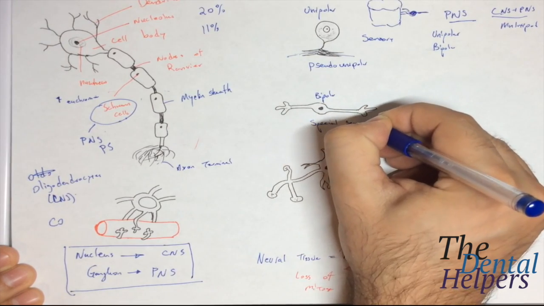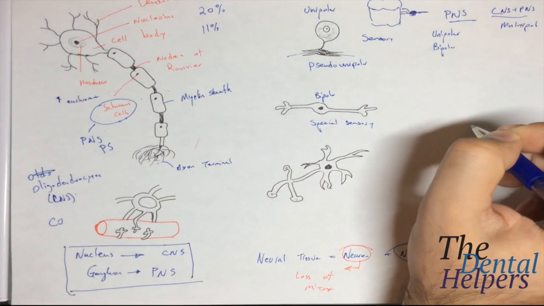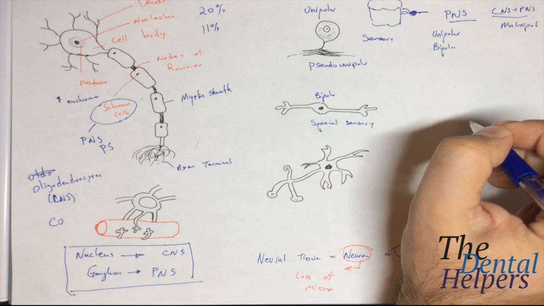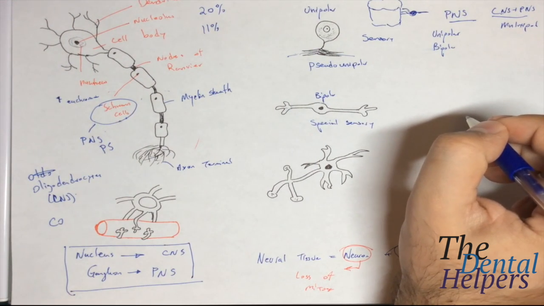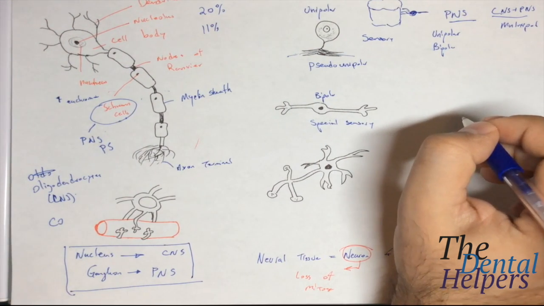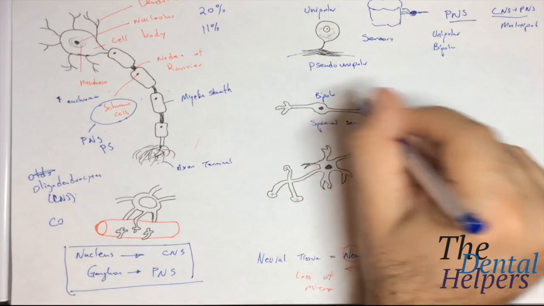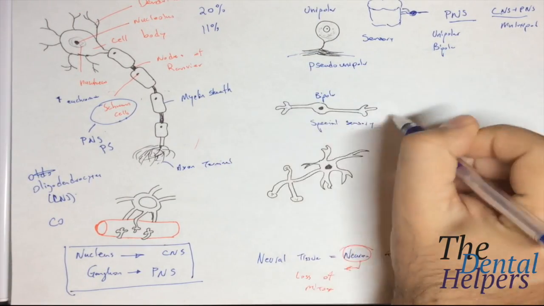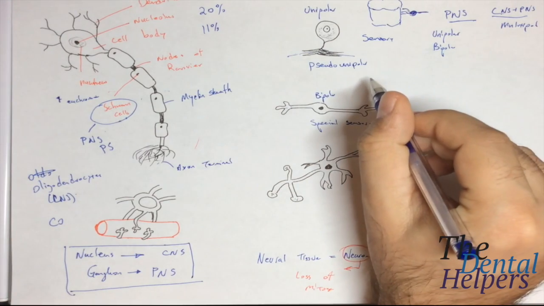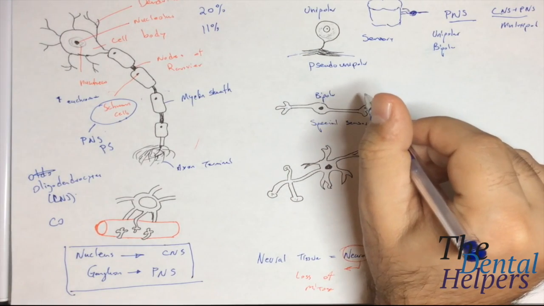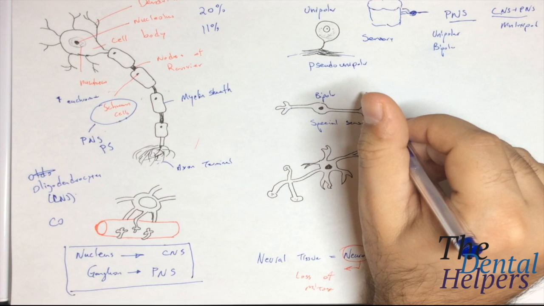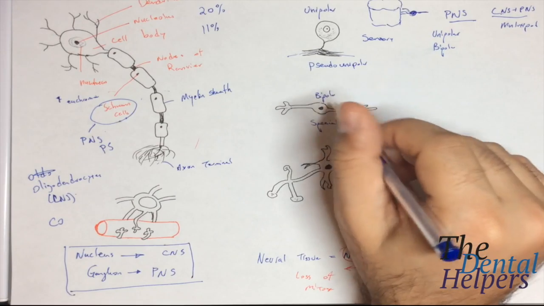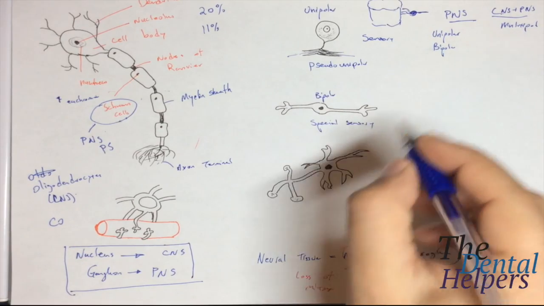And what special sensory means is like your smell, your sight, hearing. These are the type of cells that are going to be involved. Specifically, you see a lot of bipolar cells in your eyes, and they're going to give off peripheral and central processes.